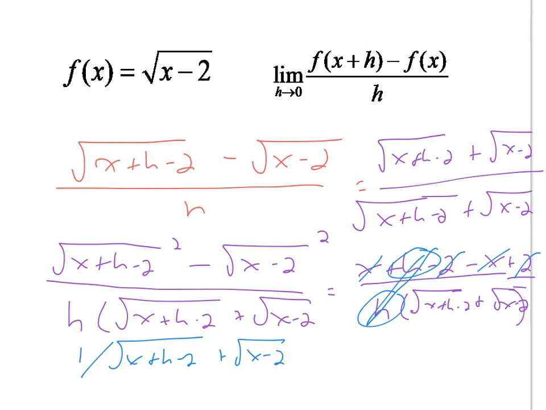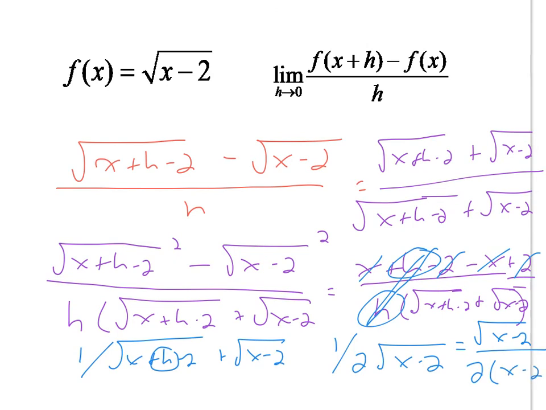Well, as h goes to 0, this h becomes 0. So I have 1 over 2 root x minus 2. And once again, I'm going to just rationalize. So I have radical x minus 2 over 2 times x minus 2.